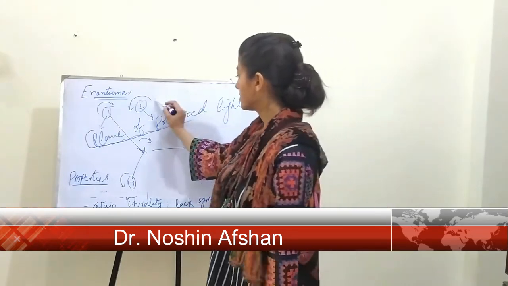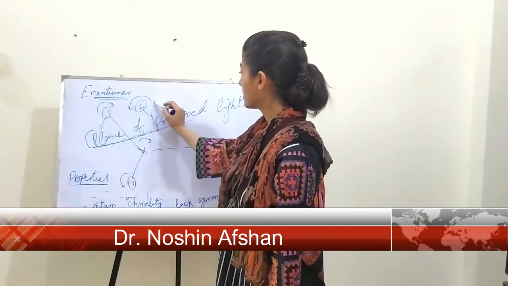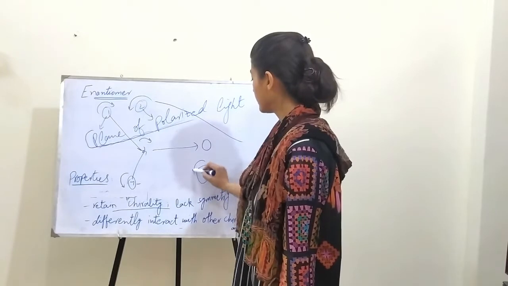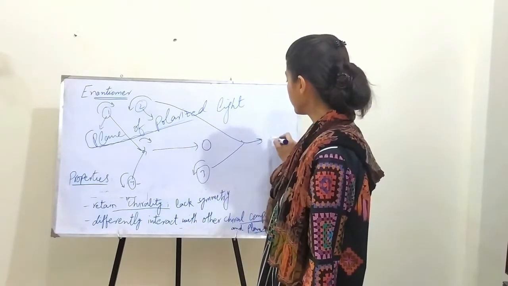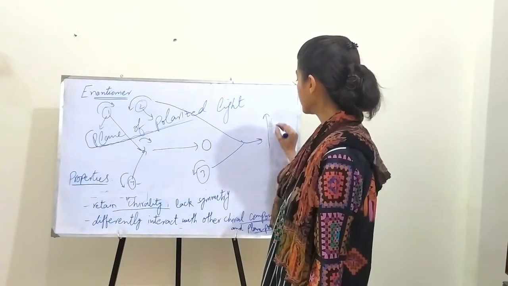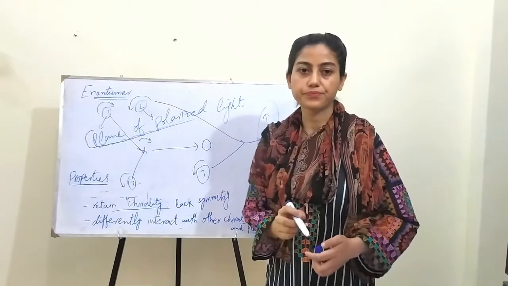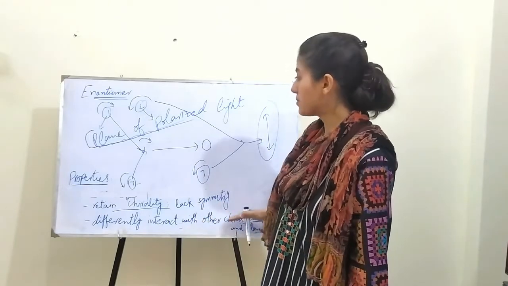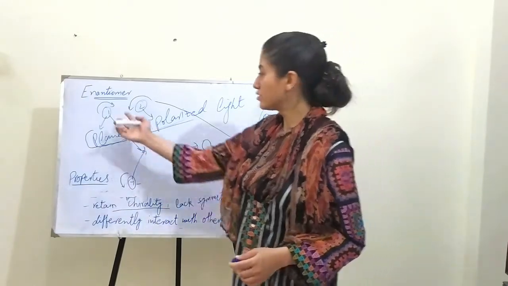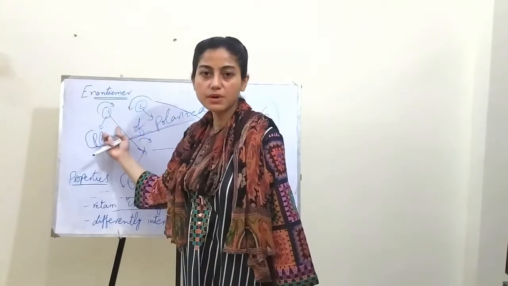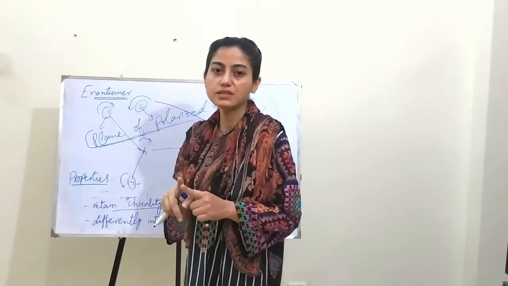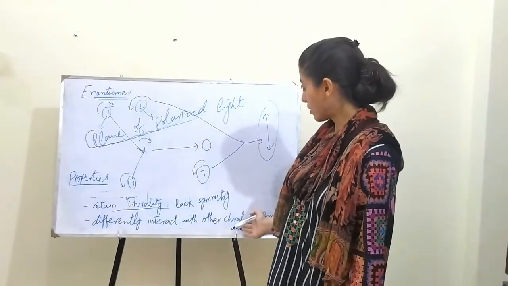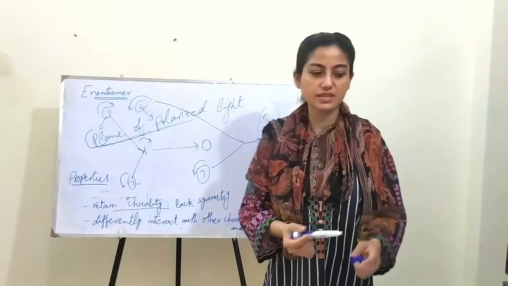And in the other case, if it rotates in an anti-clockwise direction and the other also rotates in an anti-clockwise direction, their net effect would be enhanced, the signal would be so high. So in this way, they interact with the other chiral compounds differently. The compound is the same, but the enantiomers are different.